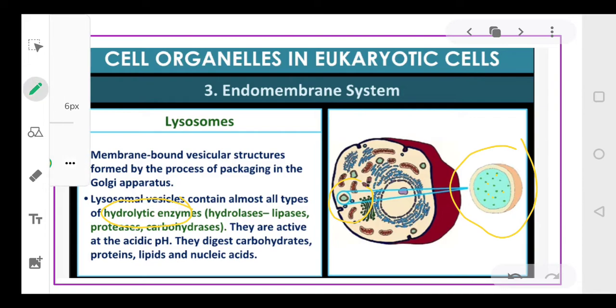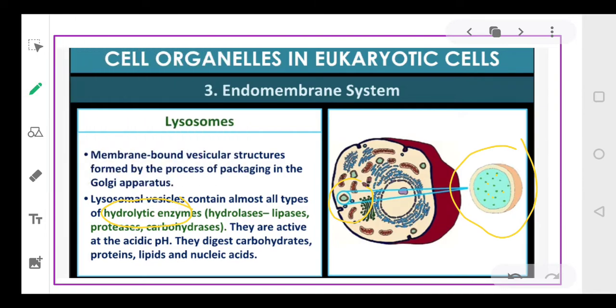That is why lysosomes are sometimes referred to as suicidal bags. They clean the cell. They can digest any foreign material, any waste material present inside the cell, and for this function they are referred to as suicidal bags.